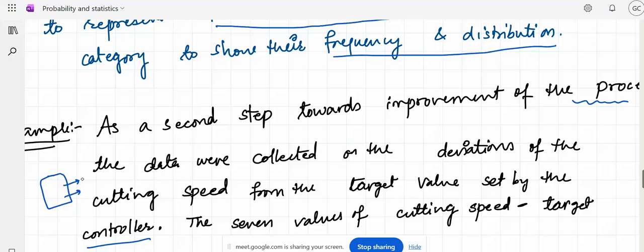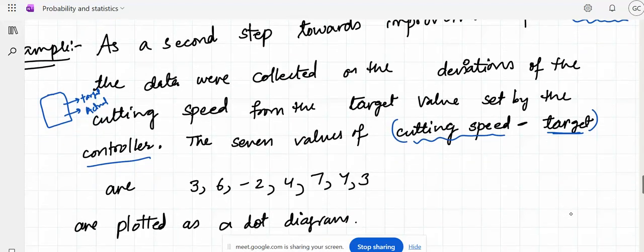This is the target speed, and there is an actual speed. We want that actual speed should be equal to the target speed. But obviously, there are some errors. So we have measured this cutting speed minus the target speed. Suppose we have this data: 3, 6, minus 2, 4, 7, 4, 3.